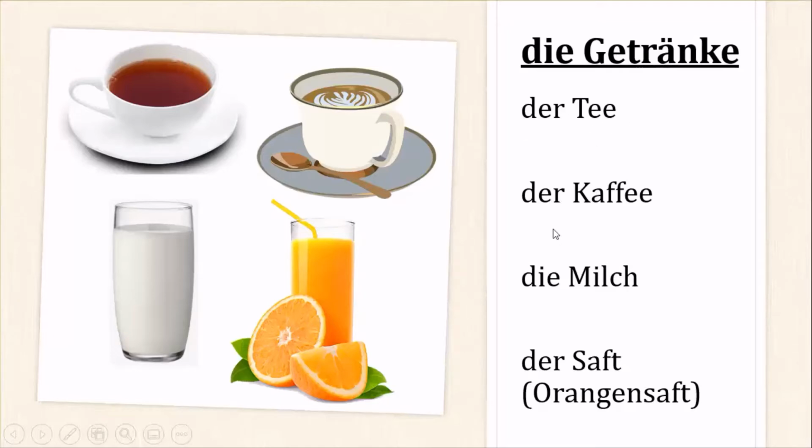Then we have the coffee, which is der Kaffee. The milk, which is die Milch. And any juice is referred to as der Saft. But as in this picture, you can see the orange juice. So that is Orangensaft in German.